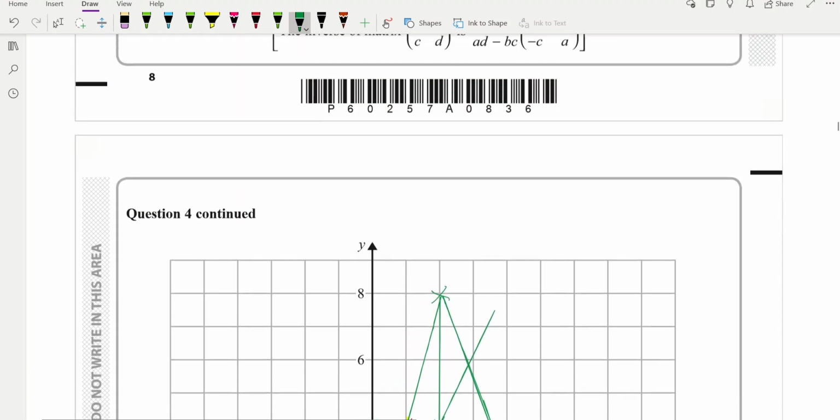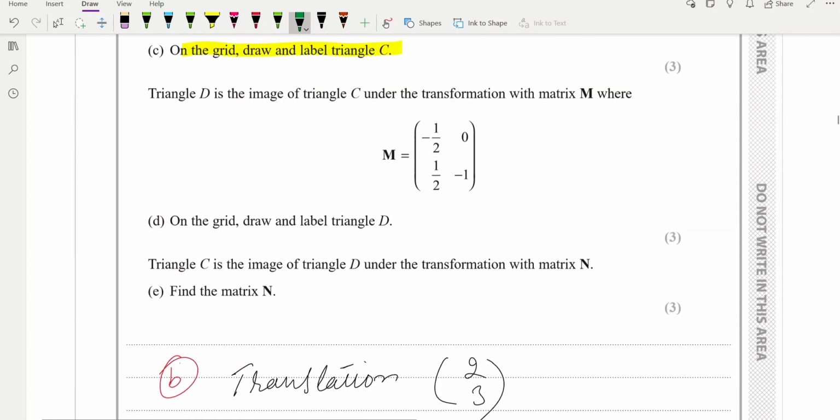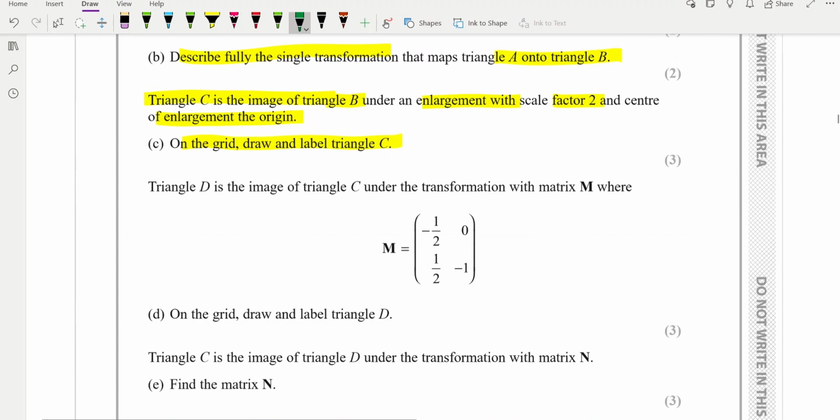Now the next part is triangle D. D part: triangle D is the image of triangle C under the transformation with matrix M, and M is defined over here. So we have to use this matrix.